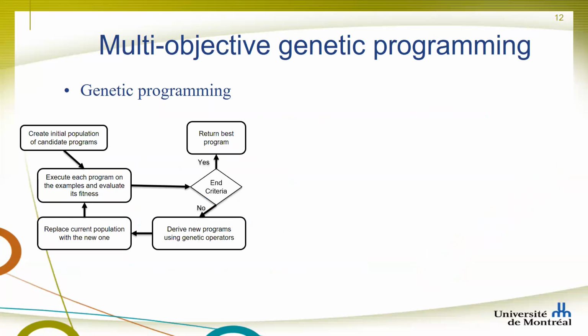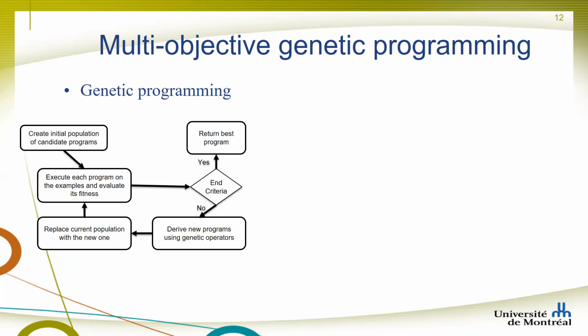Multi-objective genetic programming is a mix between classical mono-objective genetic programming and multi-objective optimization. In classical genetic programming, we start with an initial, randomly created population of programs, then we execute each program on the examples and evaluate its fitness on the basis of these examples.